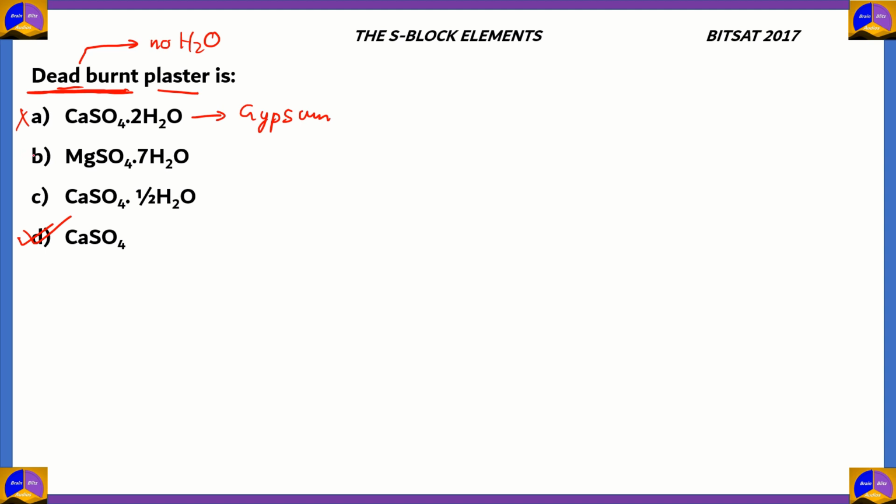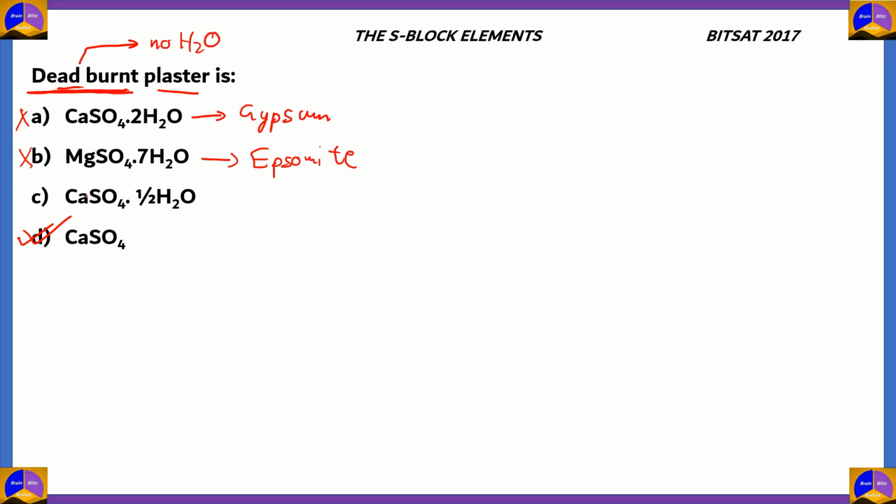Option B is MgSO4.7H2O. Now this particular formula is called epsomite. It's basically a form of MgSO4 which is known as Epsom. So you use Epsom salts to cure horses and for other stuff. So therefore option B is also incorrect.